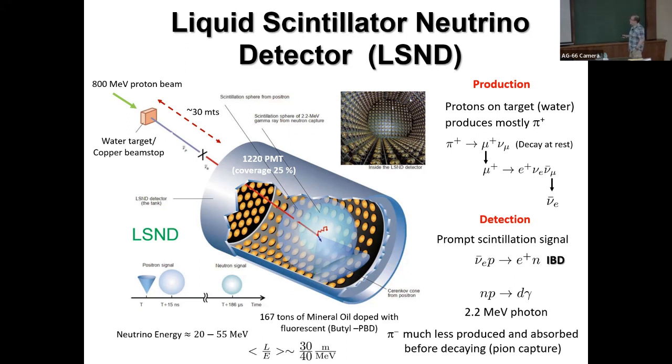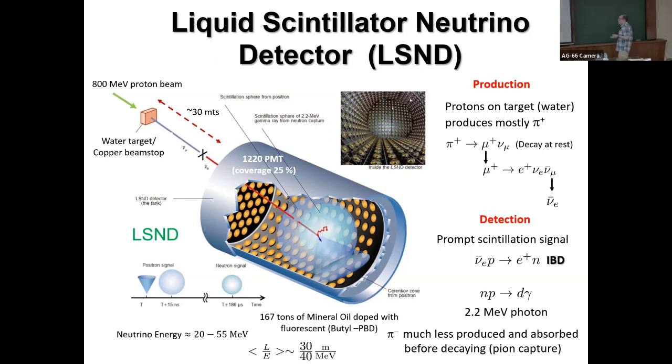The detection is very similar to the case of reactors. You are going to have the IBD reaction, and you are going to have the two delayed coincident signals, with the difference that here you also have a signal from the positron, a Cherenkov light on flight for the positron before it annihilates in matter. So in principle, this is the structure of the signal.